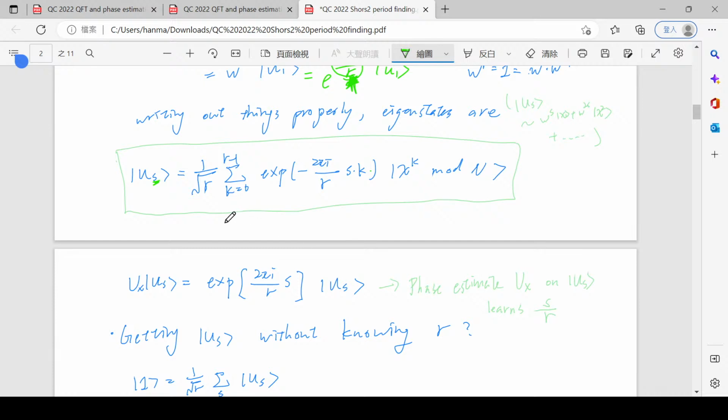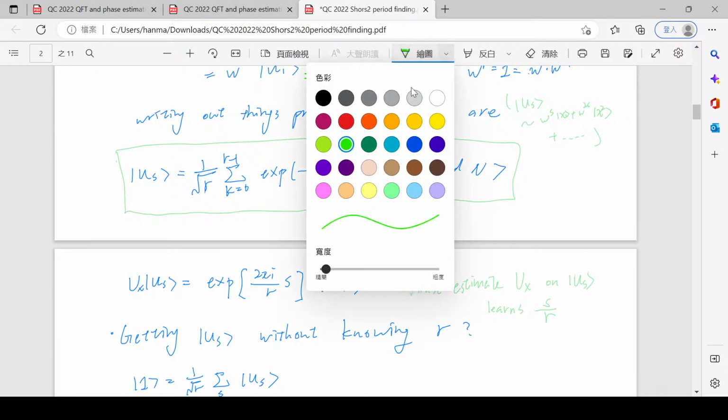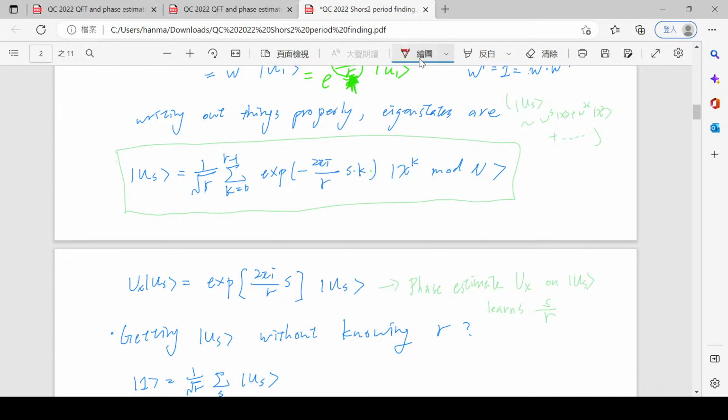And I forgot to say here, but obviously we have, let's use red so I remember, s is from 0, 1 to r minus 1. Okay? So this is where we get our different eigenstates.